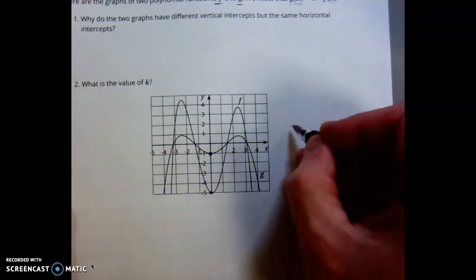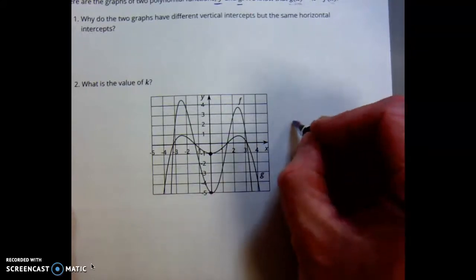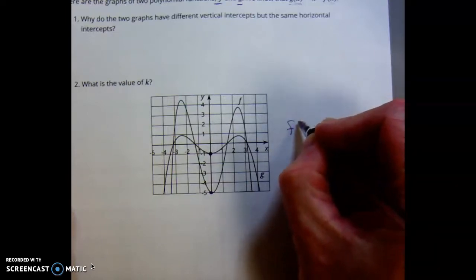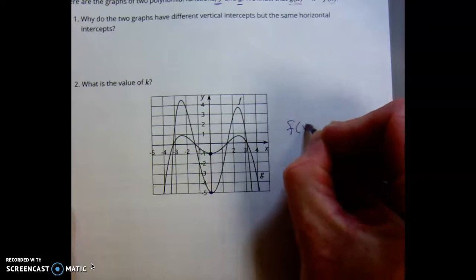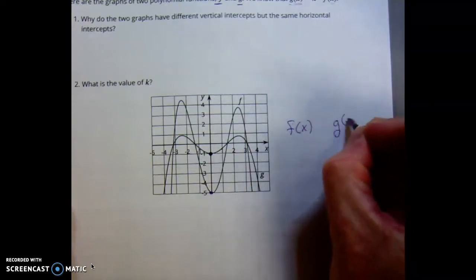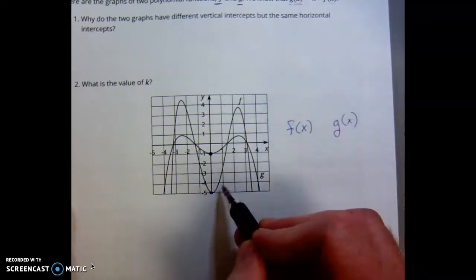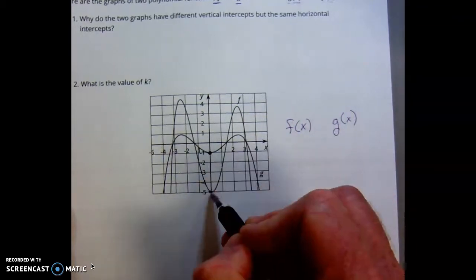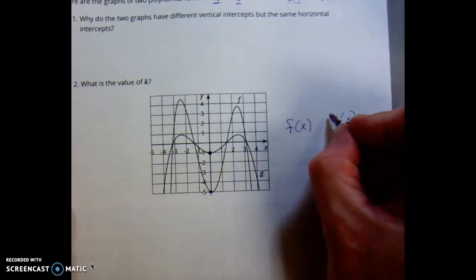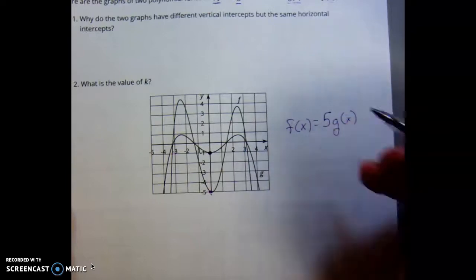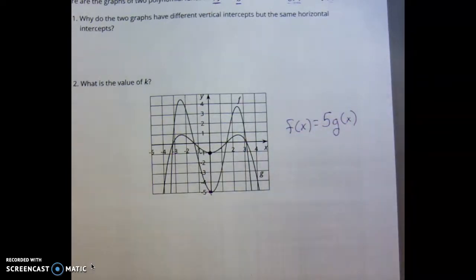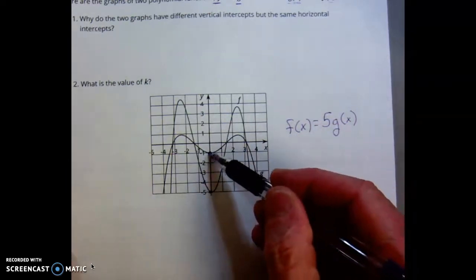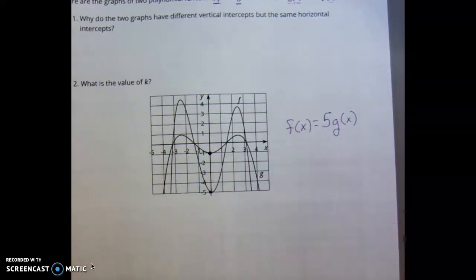So I might say f of x and g of x. I might even say g of x could be multiplied by 5 to turn it into f of x. That would be an equivalent statement, okay? Because f of x is 5 times greater than g of x.